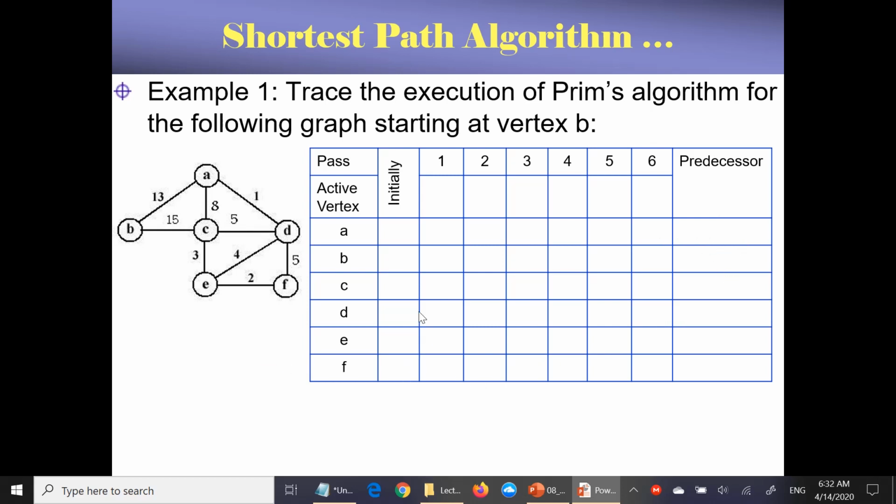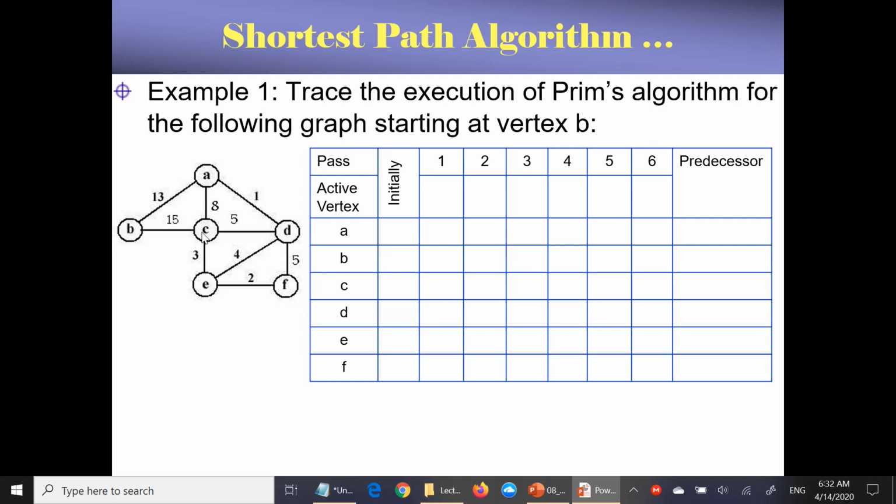The only difference is how we compute the value of reaching the next vertex. Instead of always starting from the source vertex and adding them all until we reach the new vertex, no. For example, if we are at C here, we don't consider B, A, and AC.